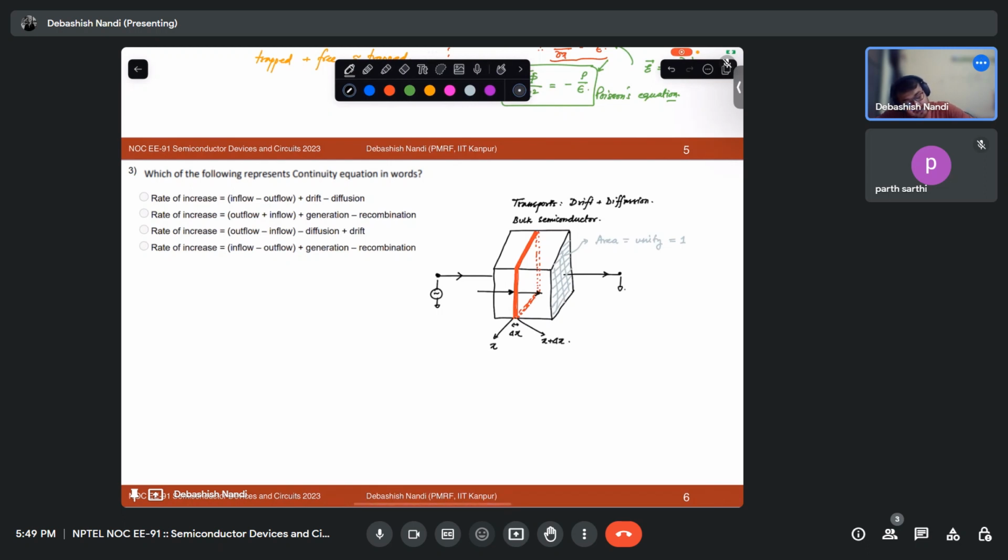So the current density coming in at this point will be Jp. Let's say we are discussing holes only; electron continuity will be similar. It will be Jp at x, and the current coming out at this point will be Jp at x plus delta x.